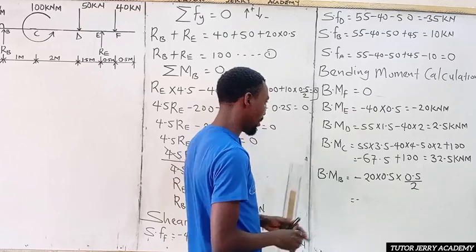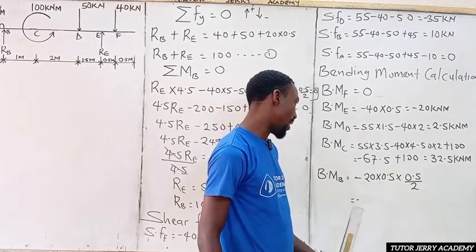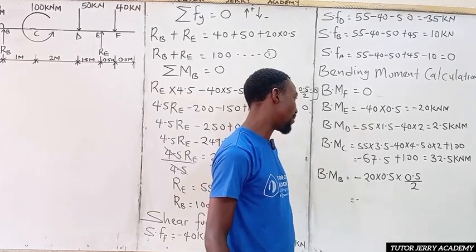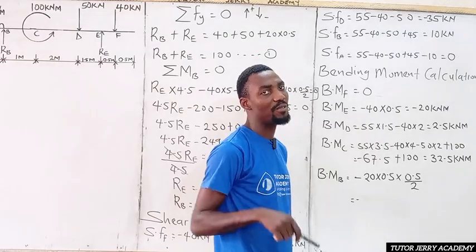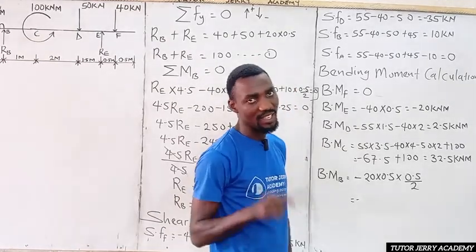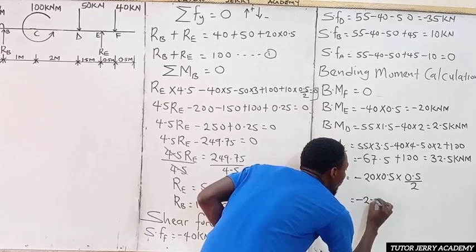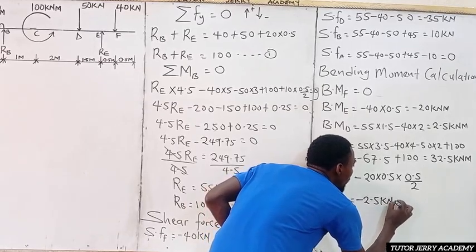If we have 10 here and 2 here, 2 in 10 is 5. Then 5 times 0.5. 0.5 is the same thing as 5 over 10, so 5 times 5 over 10 is 25 over 10, and 25 divided by 10 is 2.5. We are going to have minus 2.5 kilonewton meter.